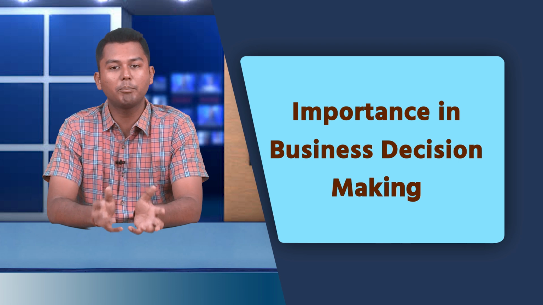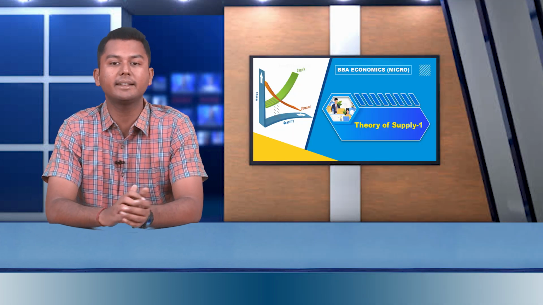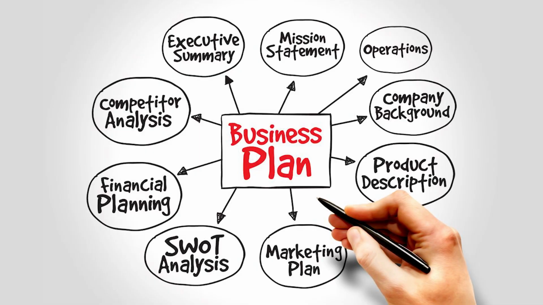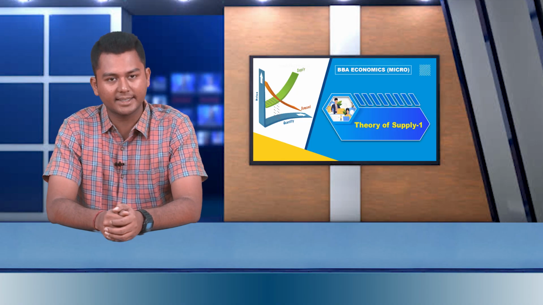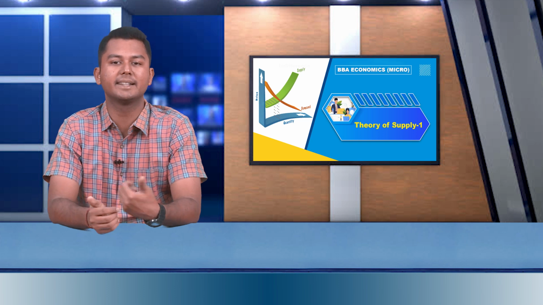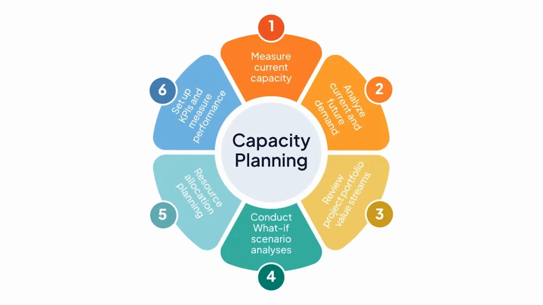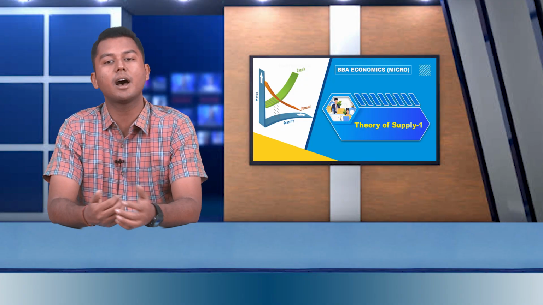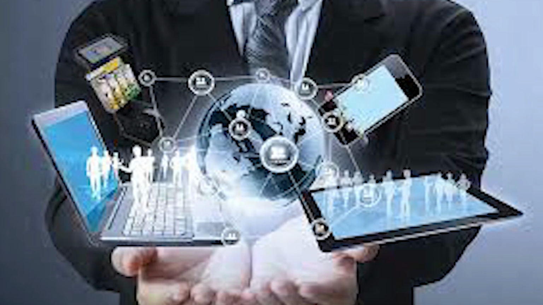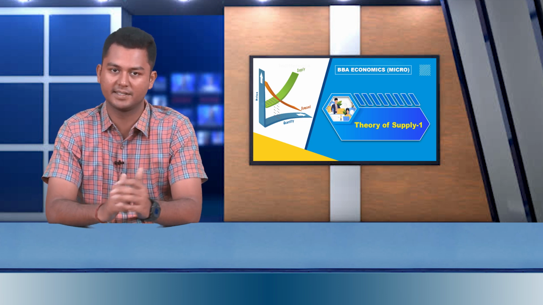Let us look at the importance of supply in business decision making. Supply theory provides crucial insights for business planning and strategy. Understanding supply factors helps managers make decisions about production levels, pricing strategies, capacity planning and market entry timing. The theory explains how production costs, technology changes and market conditions affect optimal business decisions.